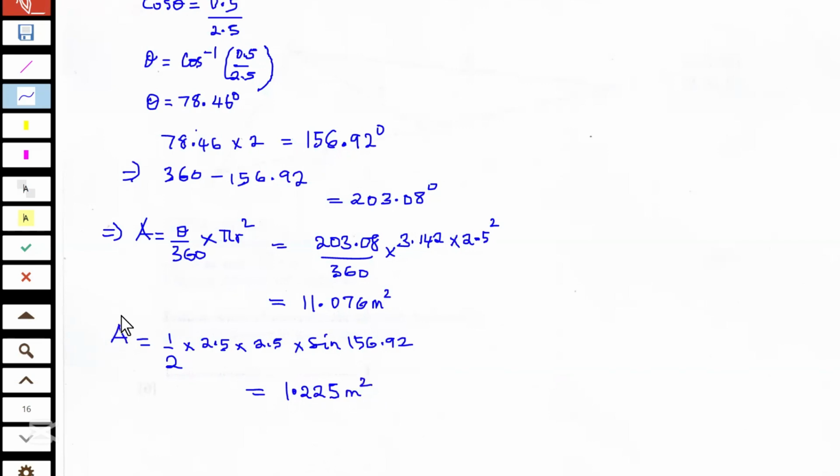Now, we have already the area of the triangle, and we also have the area of the sector. So the total area will be the sum of the area of the sector and the area of the triangle.